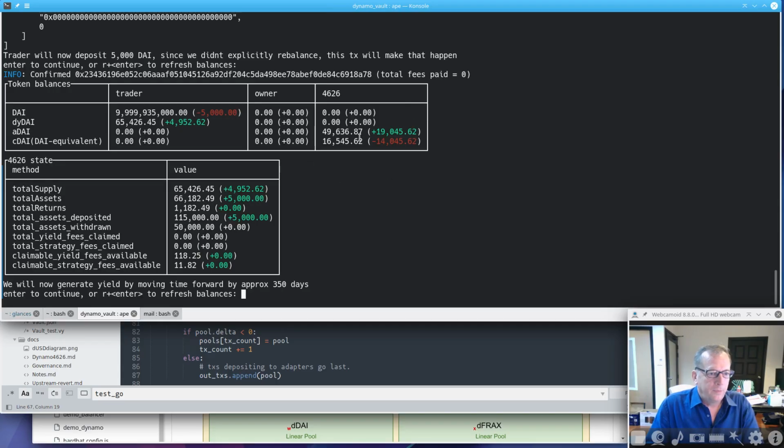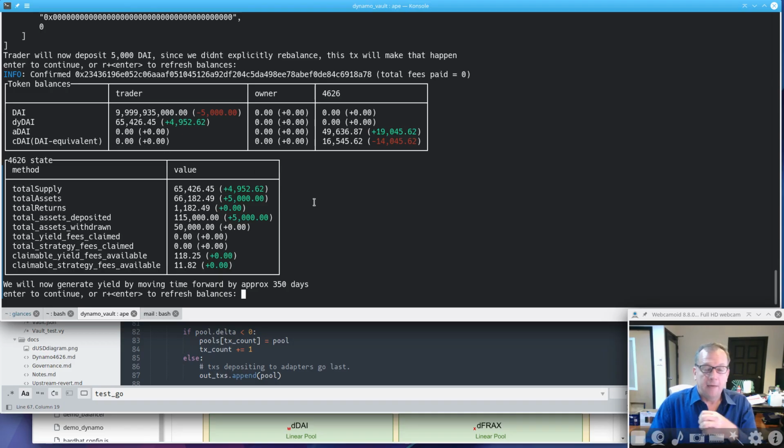And here we are. So with Compound, we took 14,000 out, and we moved the 5,000 plus the 14,000 into Aave, so that's 19,000. And so now we're at a 3 to 1 ratio. We've got 75% into Aave, and the trader now has additional DAI for his investment.